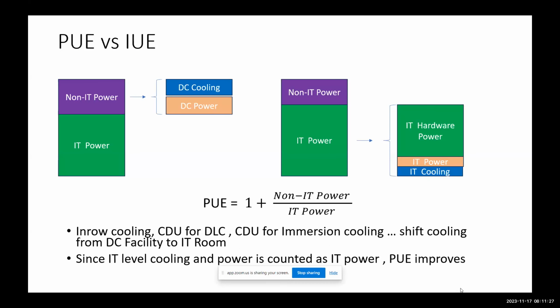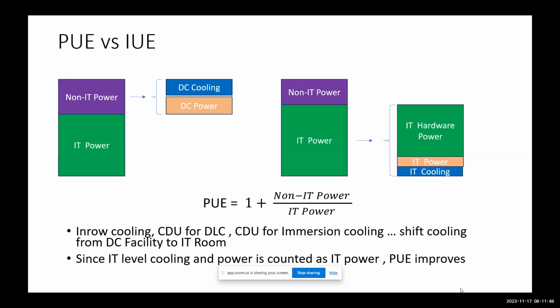So essentially, leave your debate on why they did it as an inverse of an efficiency. That's just the way it is, right? But to me, essentially, it is trying to identify the non-IT power. And traditionally, the non-IT power was data center cooling and data center power infrastructure, right?